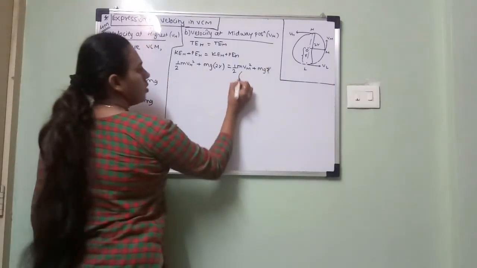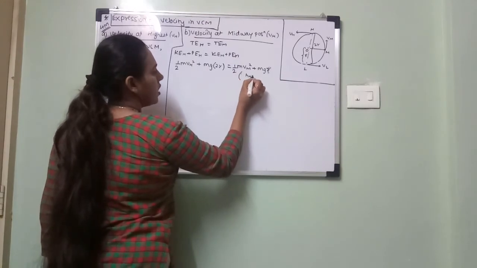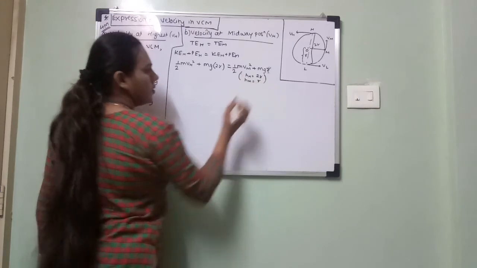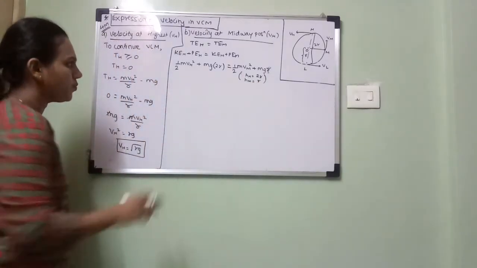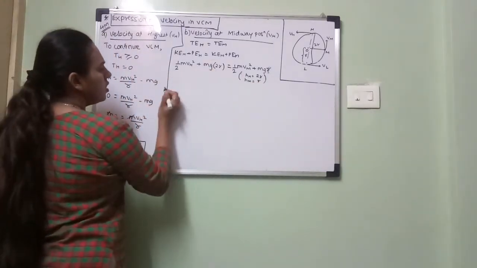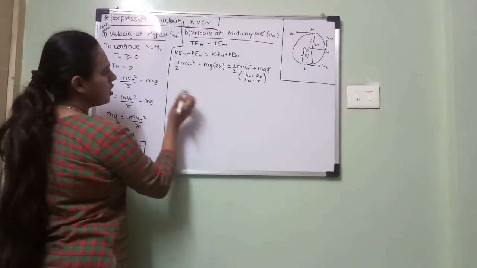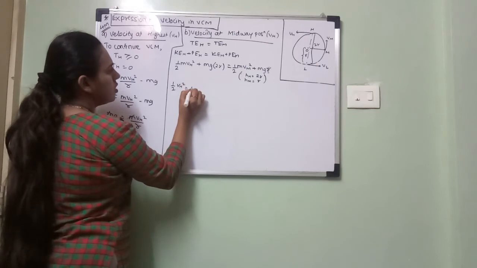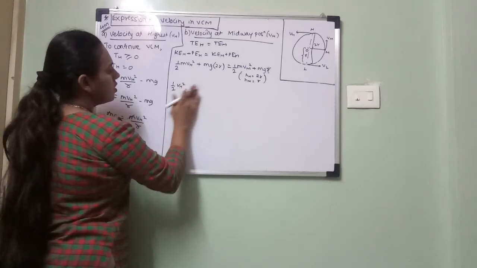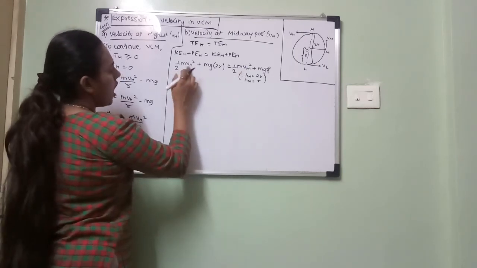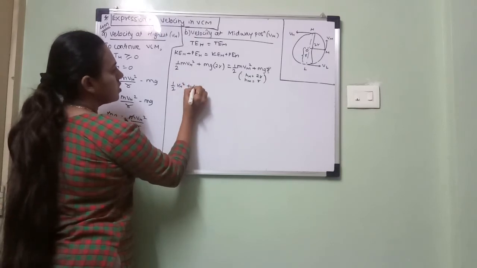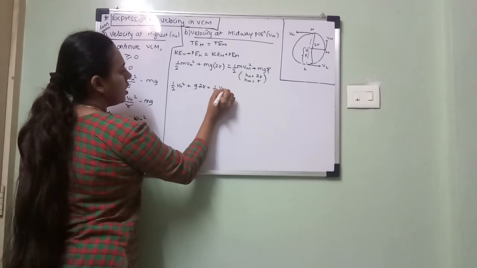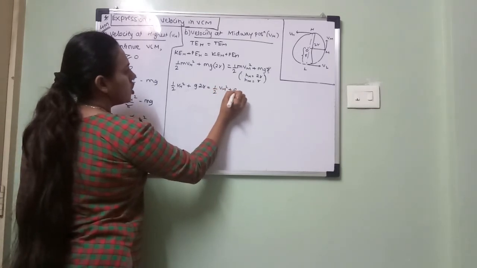Since the height at the highest point is 2r and the height at the midway point is r, that is mgr. Now you just compare. See, m will get cancelled throughout. So half vh square plus g2r is equal to half vm square plus gr.